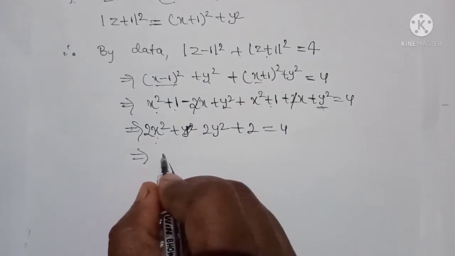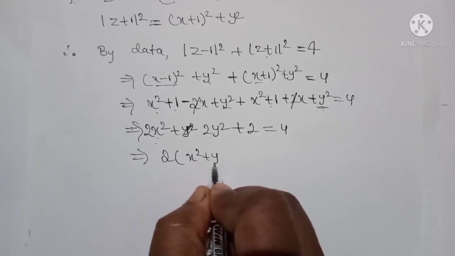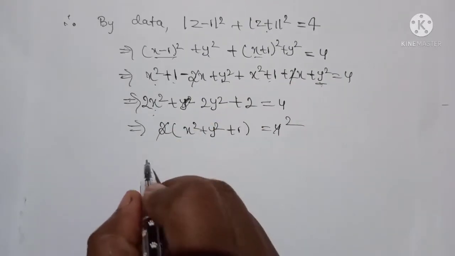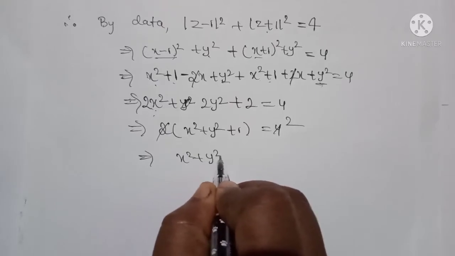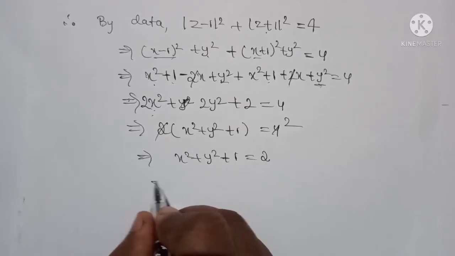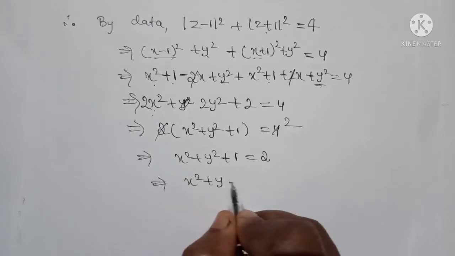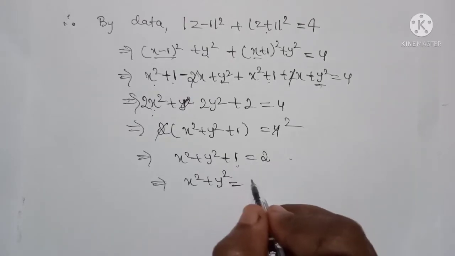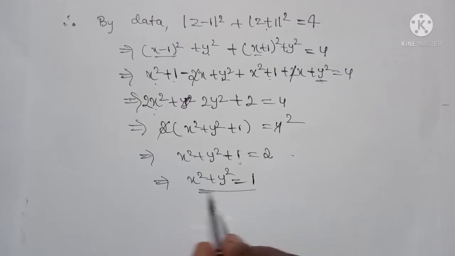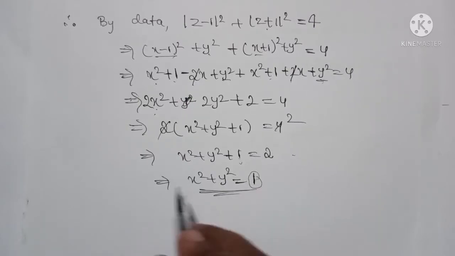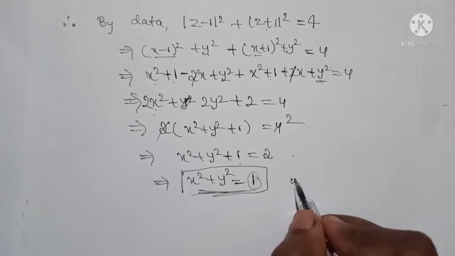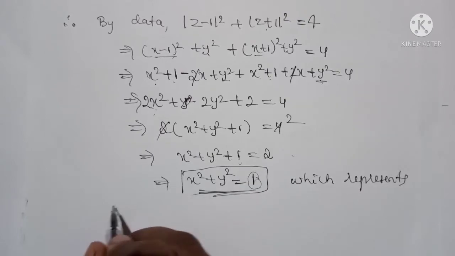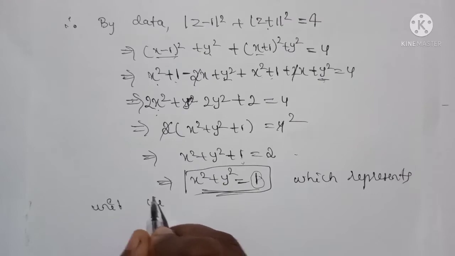In all these we can take 2 common: x square plus y square plus 1 equals 2 after cancelling. So x square plus y square is equal to 2 minus 1, which is 1. Now we can observe that this represents a unit circle, so the radius equals 1. Hence the proof.